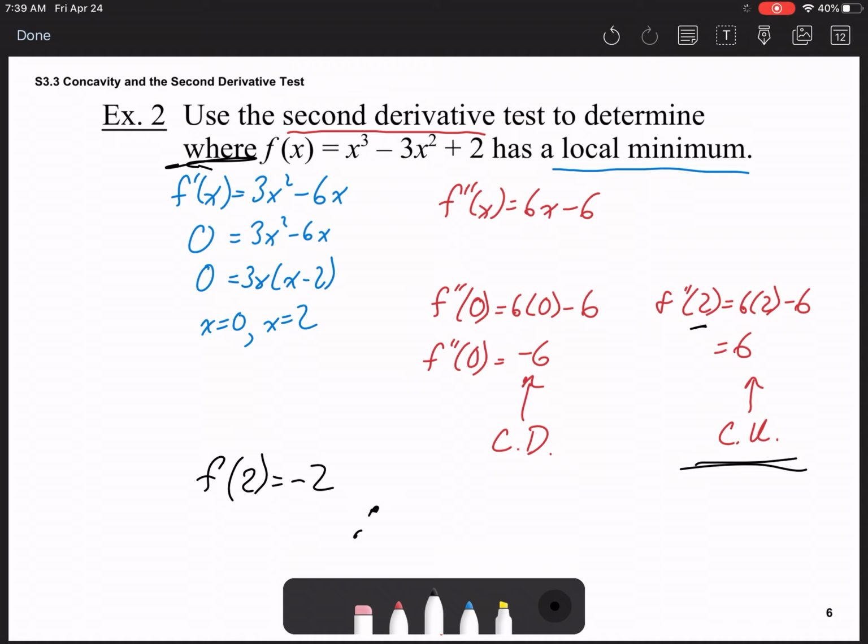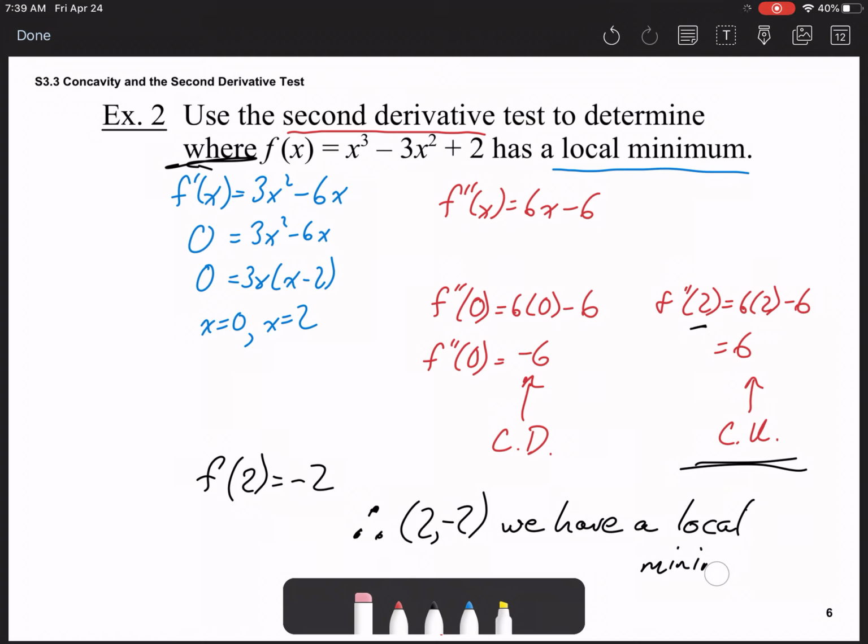So therefore, at (2, -2), we have a local minimum. Oh, sorry. I spelled minimum wrong. Minimum. And there we go. And thus concludes our lesson.